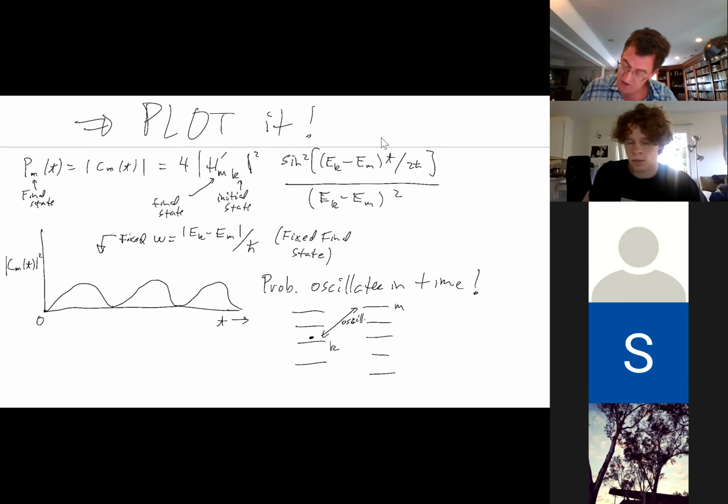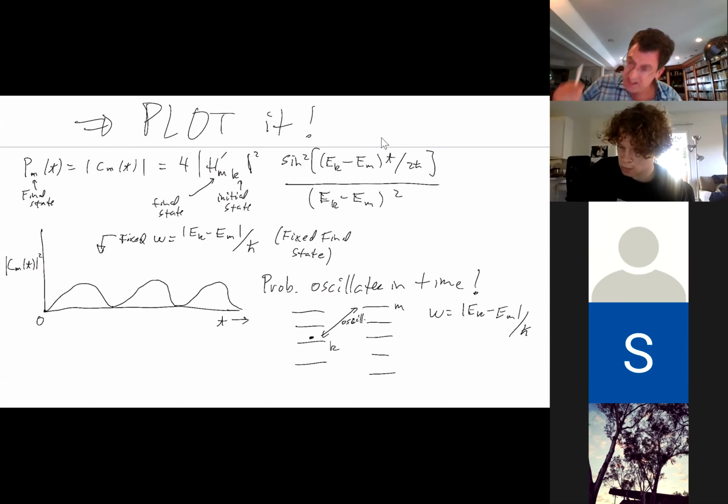It goes back and forth, and this oscillation has a frequency omega equal to the energy difference between the two states. So as the states get closer in energy, the frequency goes down, and as the states get further apart in energy, the frequency goes up. So for states far away, it oscillates fast, but for states really close, it oscillates slow.